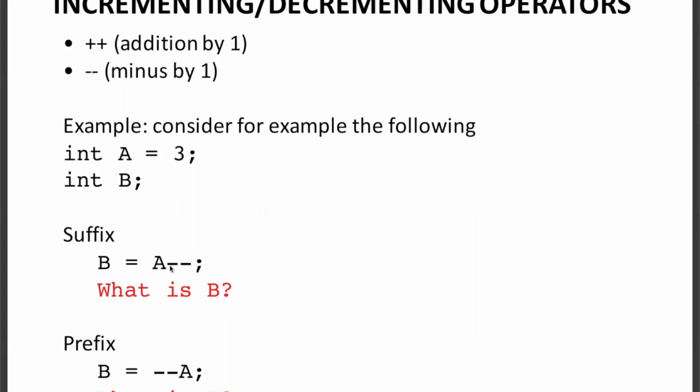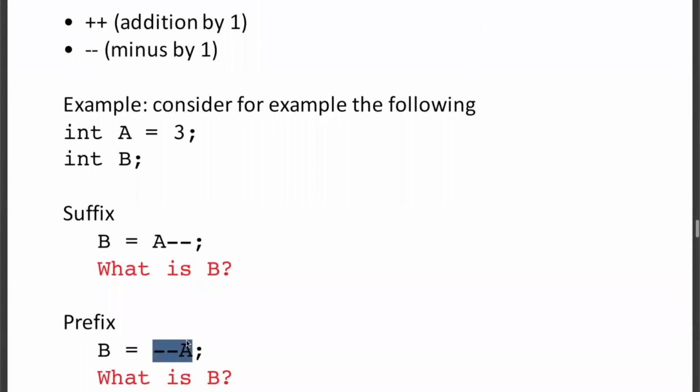When you have a suffix, this means that a minus minus is evaluated after the semicolon. When you have a prefix, let's say minus minus a, this decrementing of a happens right on the spot, as soon as it is encountered, even before the statement is ended.